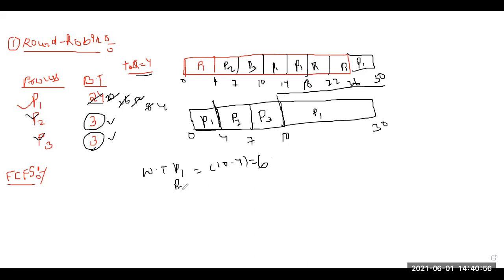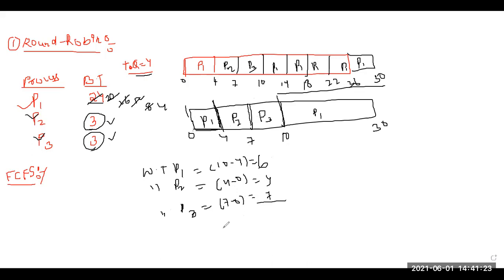Now waiting time of P2: it started waiting from 0, up to 4, so 4 minus 0, this will be 4. Now waiting time of P3: it waited up to 7, from 0, so 7 minus 0, this will be 7.